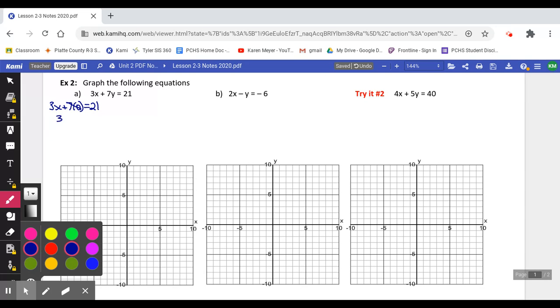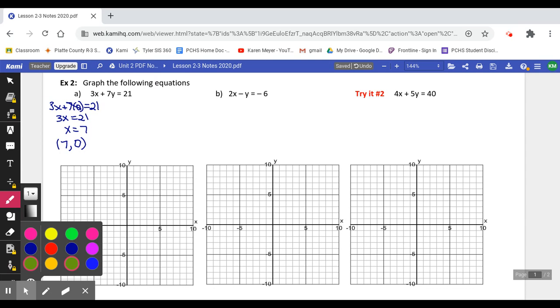So you're just looking at 3x equals 21. Divide both sides by 3, and you get x equals 7. And remember, 7 comma 0, because we said y was 0. So if you want to write it as a point, it's your x number we found, which was 7 comma 0, because that's what we plugged in for y.